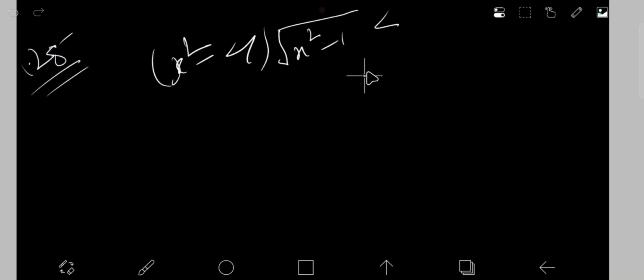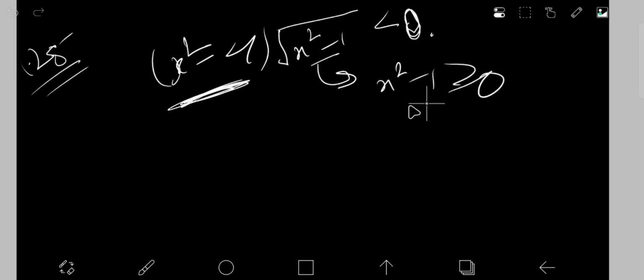Just think about it. Here, in a multiplication, x square minus 1 is less than 0. So from here this one has no problem, but this one has a problem. This one is defined only if greater than or equal to 0.